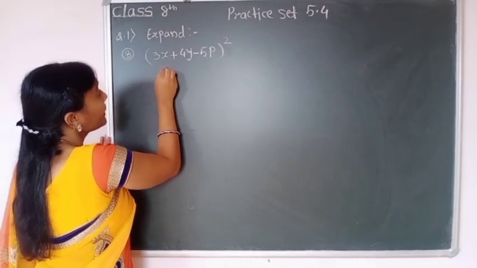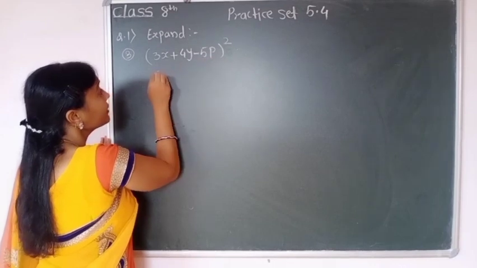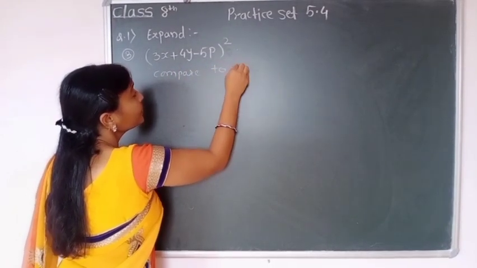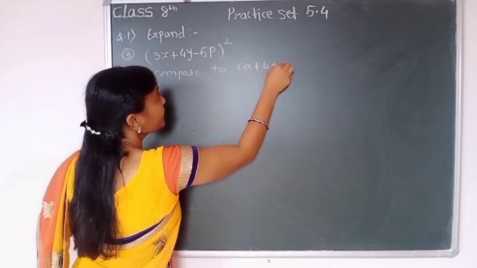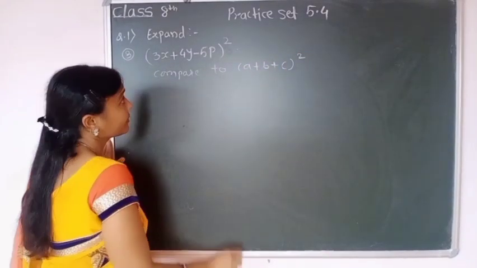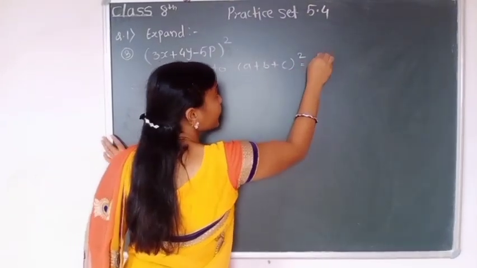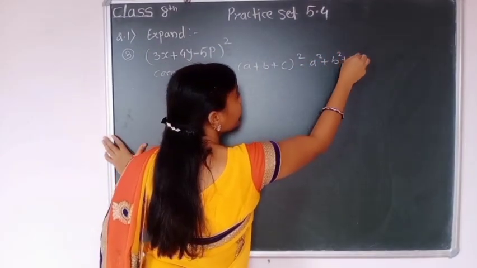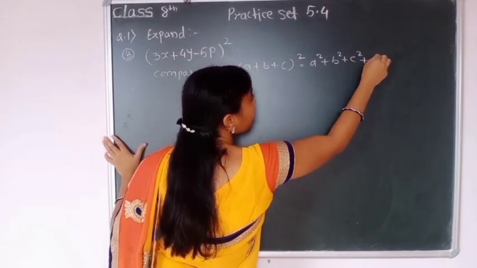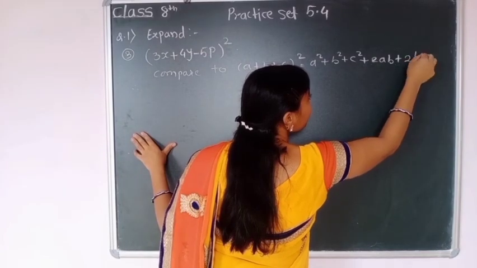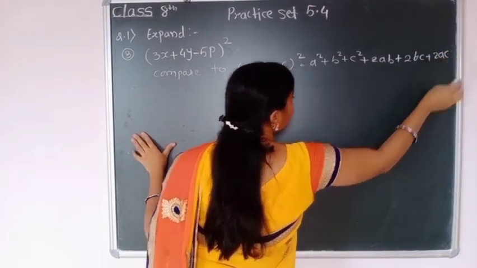So this example is compared to (A plus B plus C) square. Then what is our formula? A square plus B square plus C square plus twice AB plus twice BC plus twice AC.